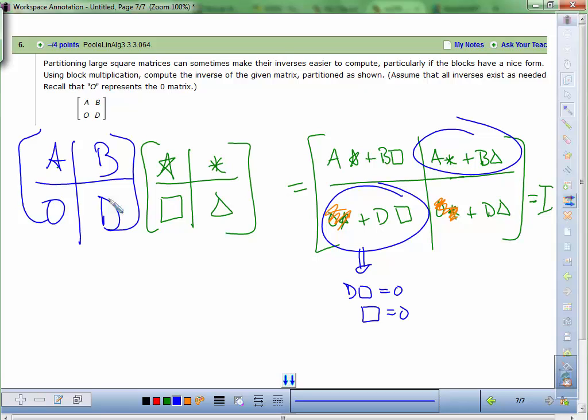And so the square part of the matrix has to be 0. Does square exist anywhere else? Once we've established the square is 0, then this is also going to be 0.